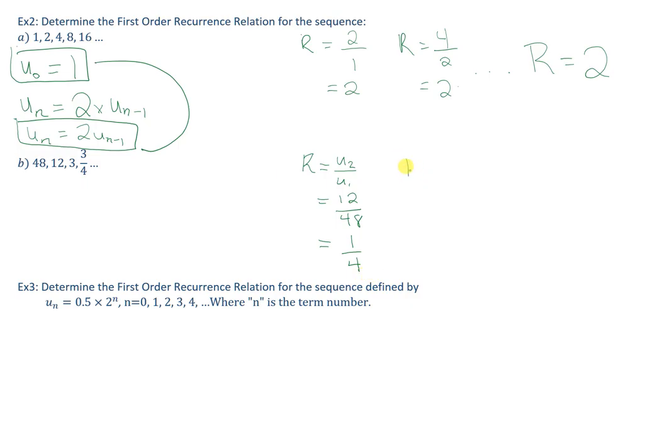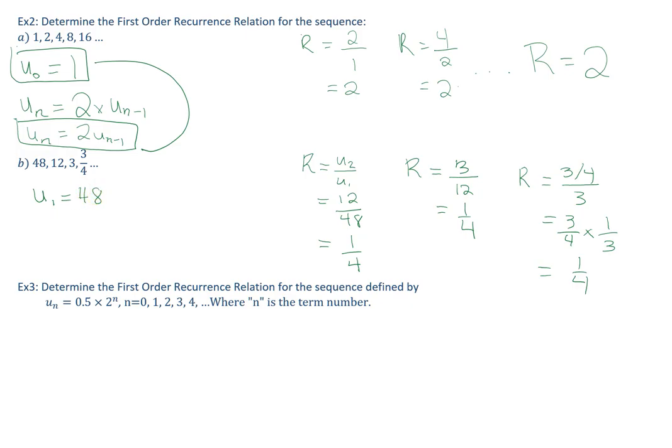If I wanted to keep going, I could check as well. 3 over 12 is also a quarter. 3/4 over 3, well, that's 3/4 times 1/3 if we wanted to do division, which is also a quarter. So whichever way you do it, you get that r is a quarter. When I come to stating it, it doesn't really matter which notation you use.